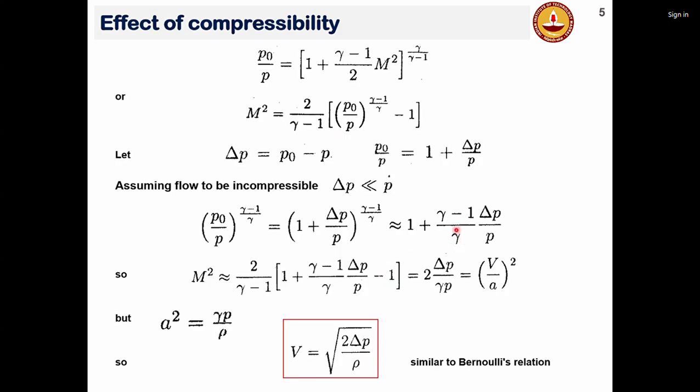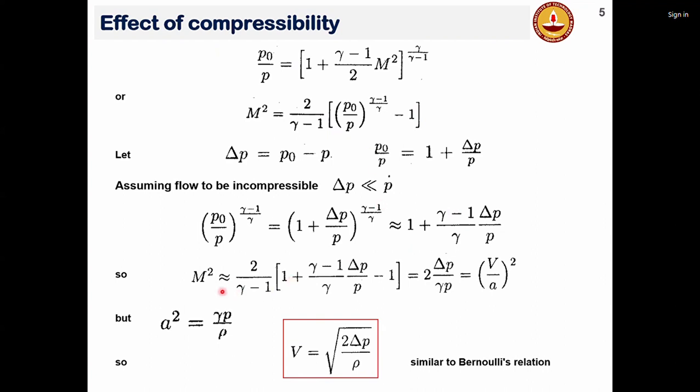Here you can see that M square is given as 2 by gamma minus 1 into this ratio minus 1. So you substitute for this ratio P naught by P from here.